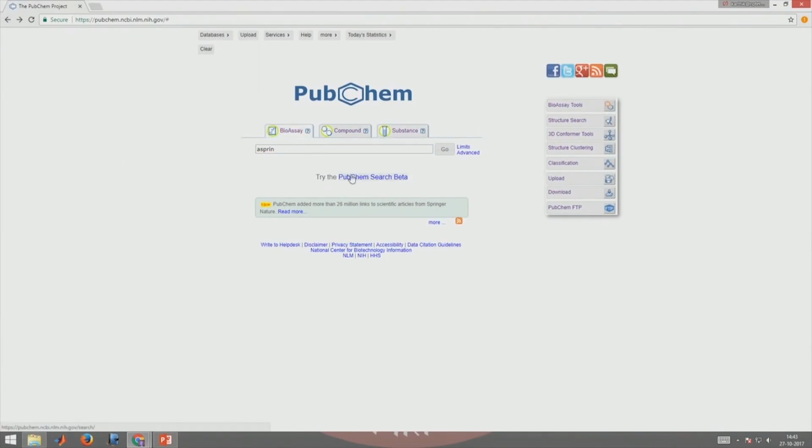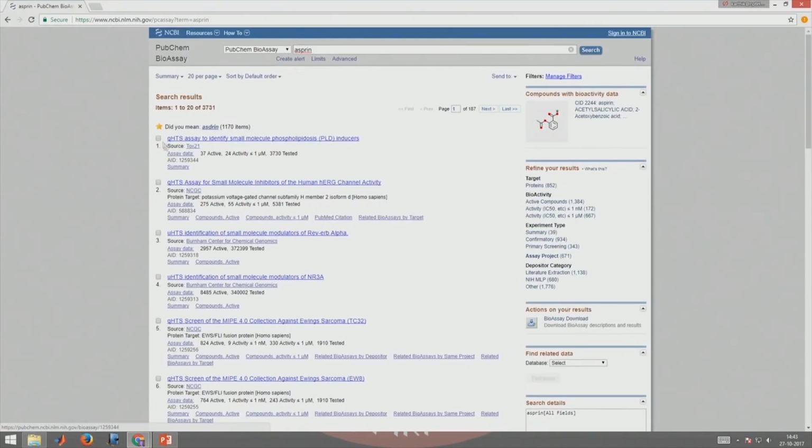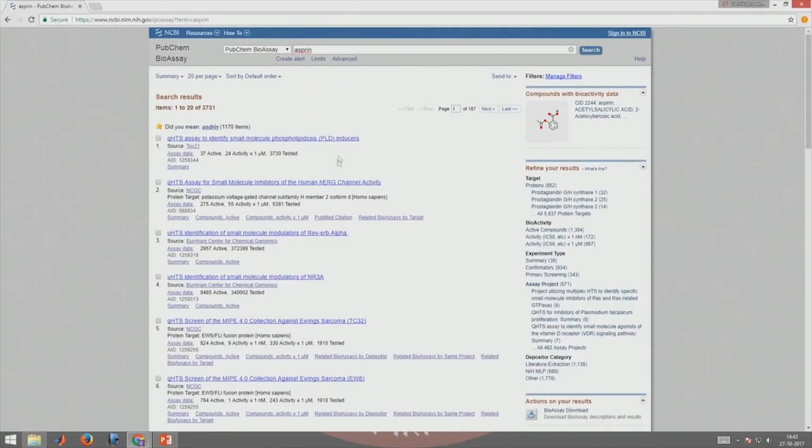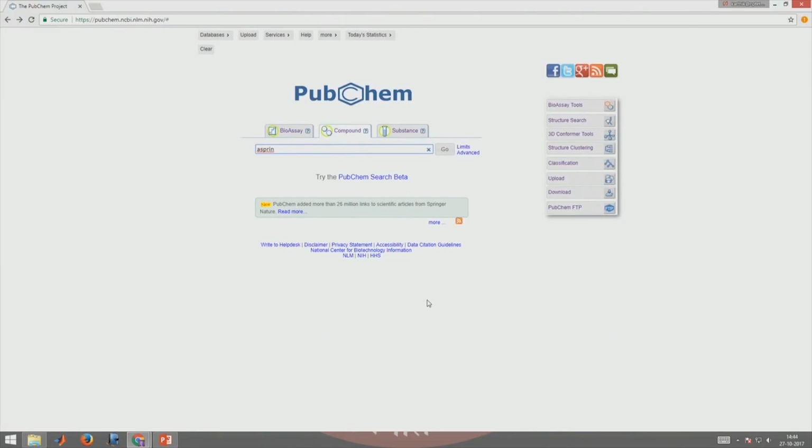Or if I want to know some bioassays, it tells you some assays for aspirin, various types of assays for aspirin, either to detect aspirin or look at assays for its interaction with different targets. So, that sort of biochemistry related information we can get.